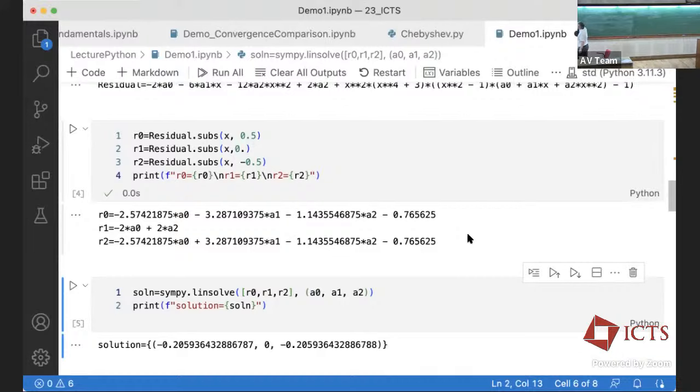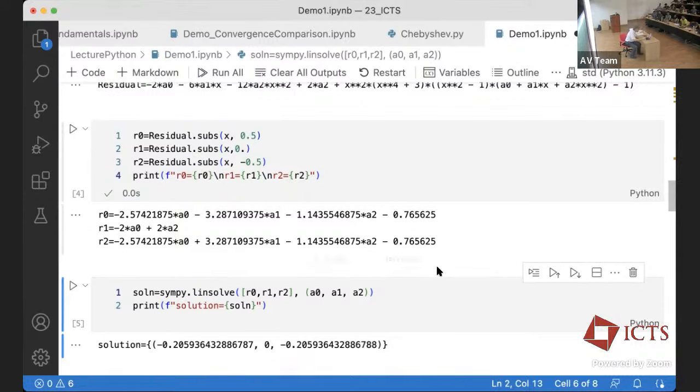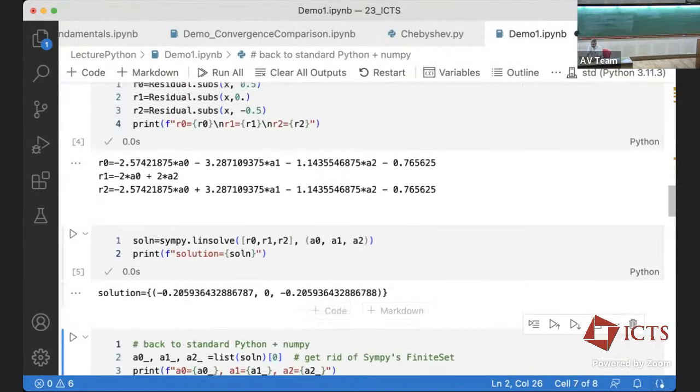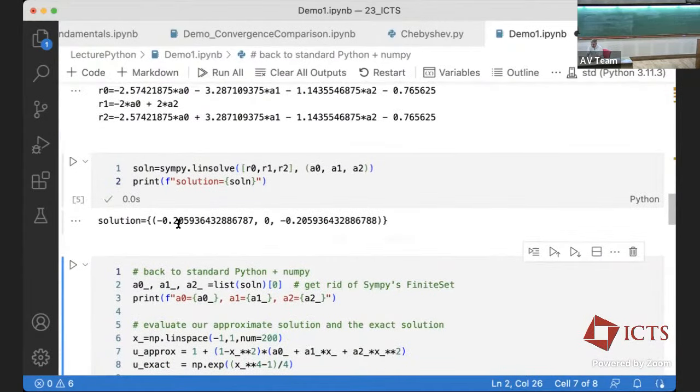So we get 3 equations, and as promised, it's at this stage a linear system of equations for the 3 coefficients. And solving it gives you a solution of minus 0.205, 0 and minus 0.205.